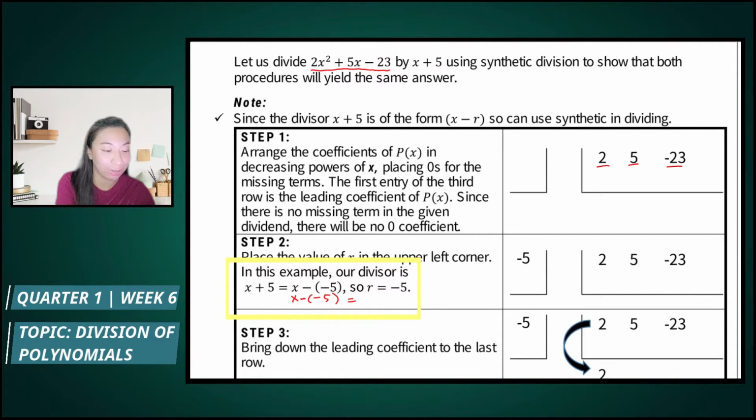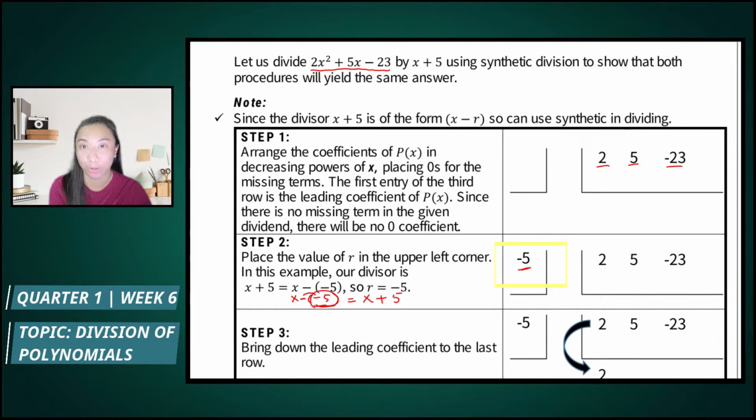Why? Because take note that negative times negative is equal to positive, so it will give us x plus 5. So definitely our r is equal to negative 5.